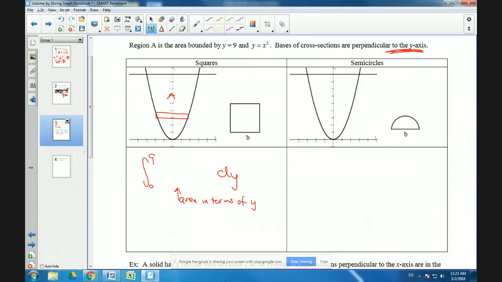So that means we need to take this function and solve it for x in terms of y.